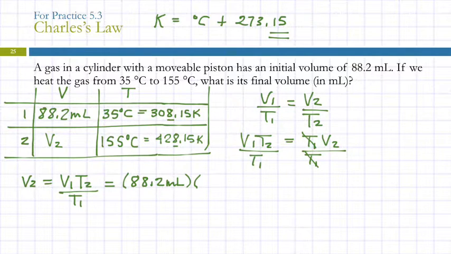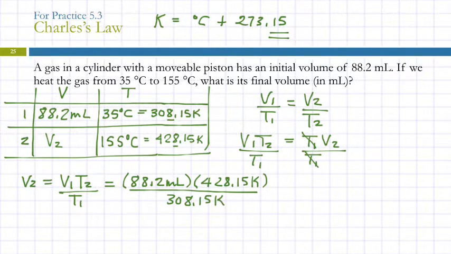And T2 is 428.15 Kelvin. And then T1 is 308.15 Kelvin. And then I'm going to look at the units, and I'm going to see that kelvins cancel kelvins, and the unit that's left is milliliters, and that's good news because that's a unit of volume, and it's even the one that the question's asking for.